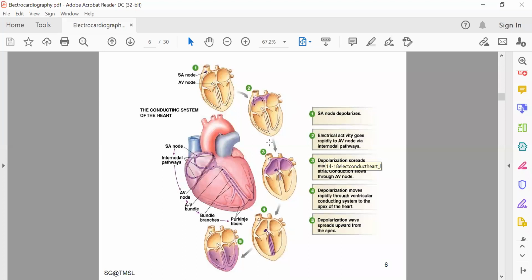From the AV node, depolarization spreads more slowly across the atria. Conduction slows through the AV node, and then depolarization moves rapidly through the ventricular conducting system to the apex of the heart. Lastly, the depolarization wave spreads upward from the apex. So this is the heart conducting system.